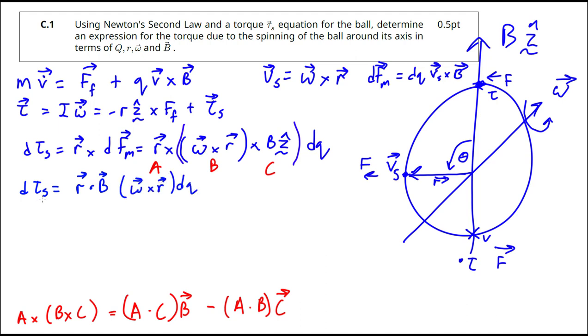Now I want to integrate this up so I can figure out the total torque. To do that I have to integrate over the whole area, so tau S is going to be equal to the integral, in this case from 2 pi to 0 of d phi.